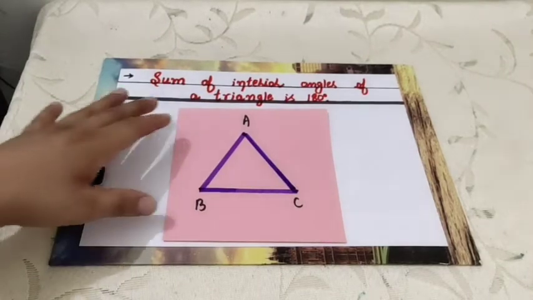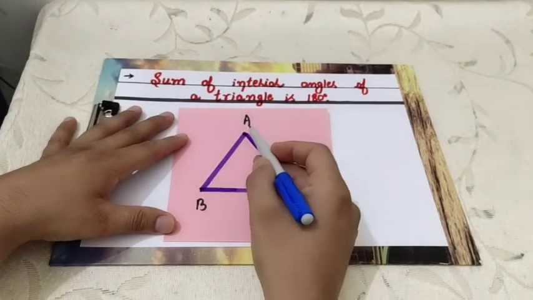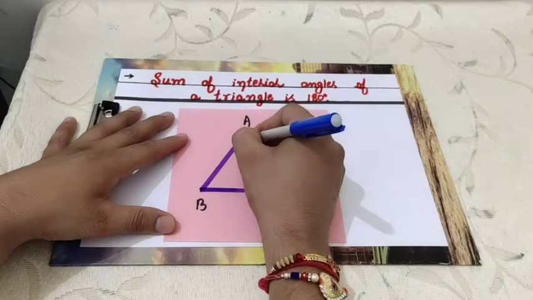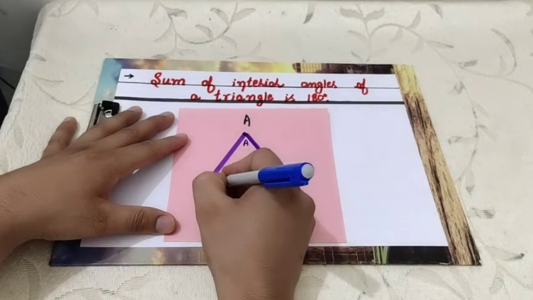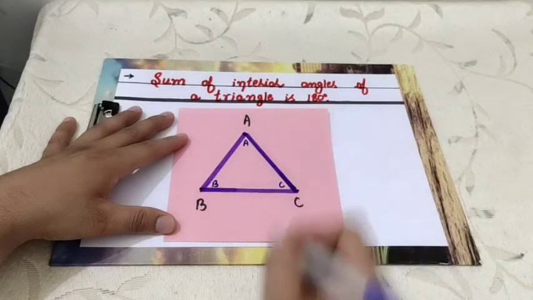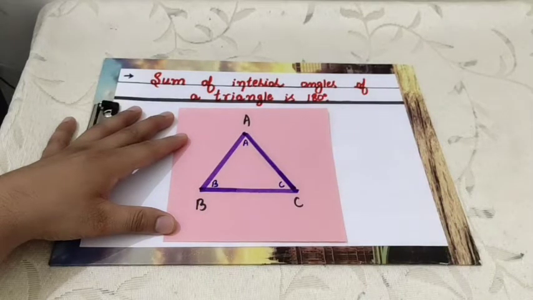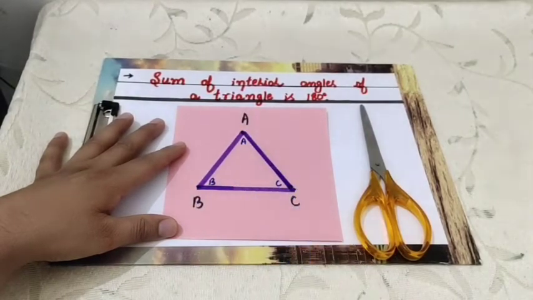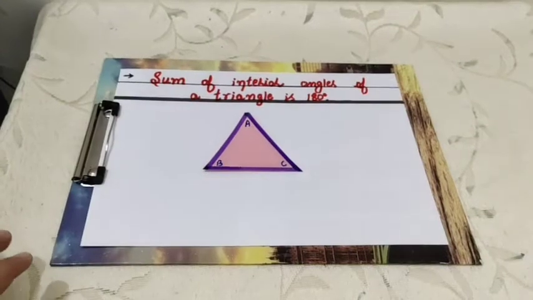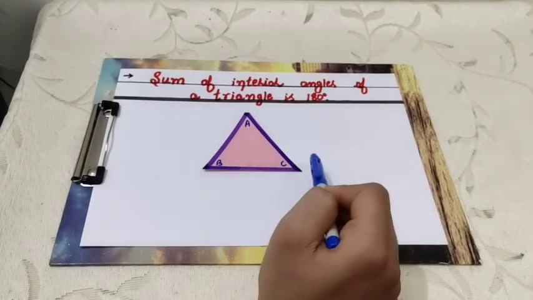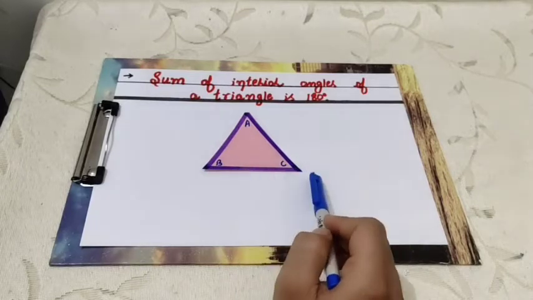That is how we get the triangle ABC, where this is angle A, this is angle B and this is angle C. Now we will cut this triangle ABC with scissors. Next, we will trace triangle ABC on a white sheet of paper.